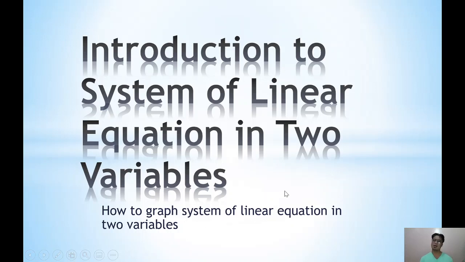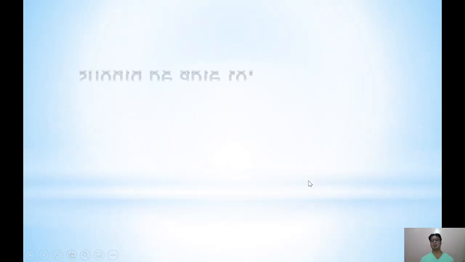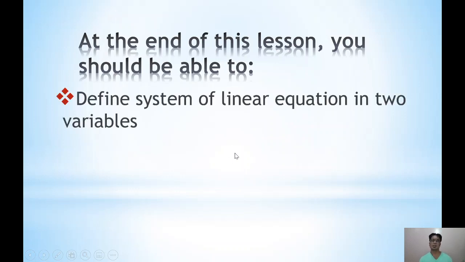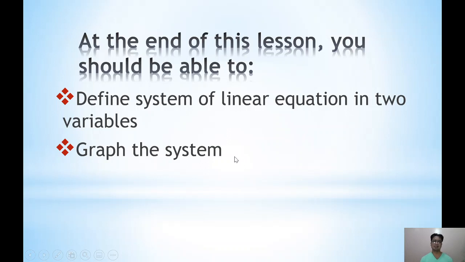Now let's talk about our aim for today's topic. At the end of this lesson, pagkatapos, you should be able to, number one, define the system of linear equation in two variables. Unang-una, kailangan nating ma-define yan. Ano ba yan? Pangalawa, that same system, we have to graph it out. Graph that system of linear equation in two variables.